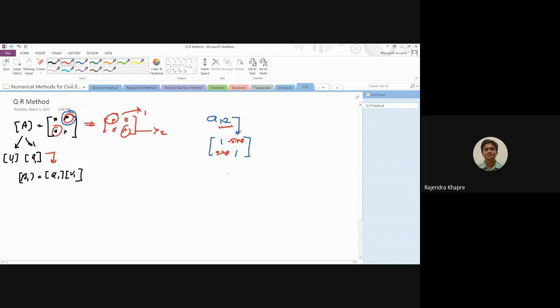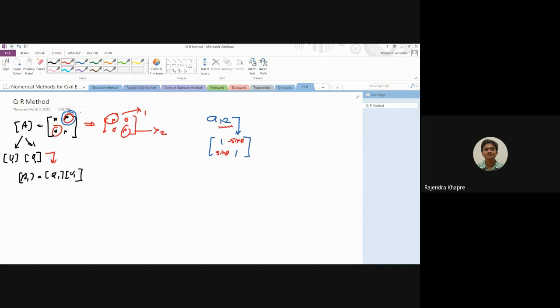Is it okay? Shall I repeat? If we are trying to eliminate location 1 2, you write the identity matrix first. In that particular location, 1 2, you write minus sine theta, and then you interchange the subscript. If it is 1 2, it becomes 2 1.